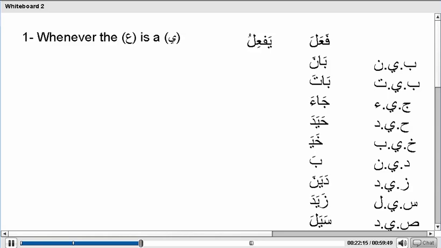So again, don't forget that whenever the ya or the waw has a haraka and the letter before has a fatha, we turn that waw and that ya into an alif. Okay? Ja'a will be what?